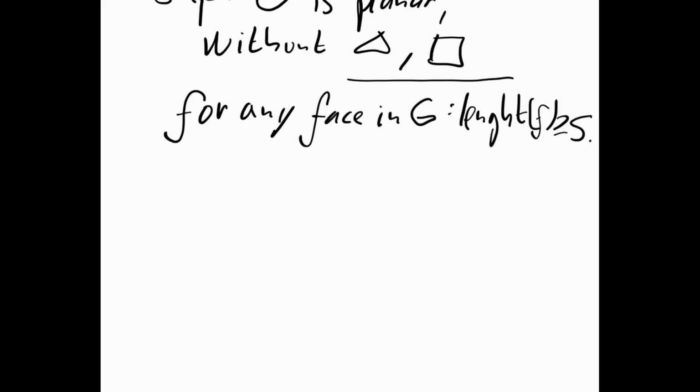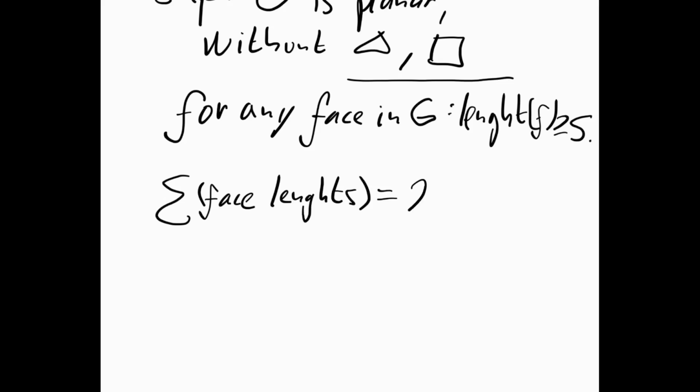How can we predict the number of edges based on the number of vertices for such a graph? Well, what we can do is realize the added number of face lengths is going to be 2 times the number of edges, because each edge bounds two faces.